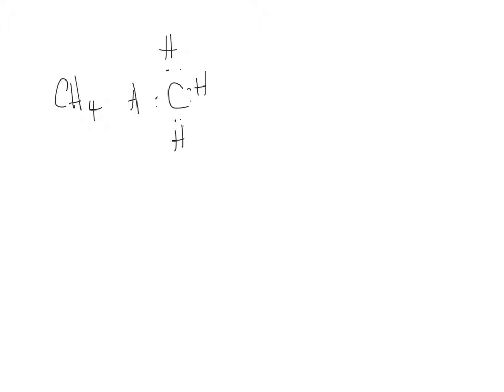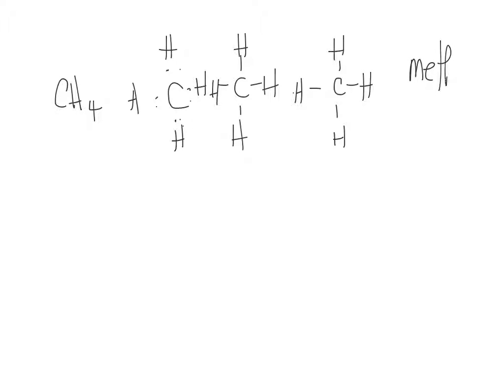So your Lewis structure can look like that, or it can look like this. There's your Lewis structures. There's your structural formula, because there's no lone pairs of electrons. They're all bonding. This is the common name for methane.